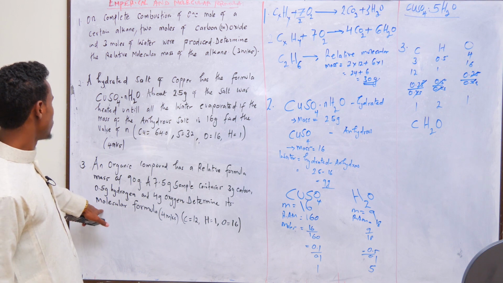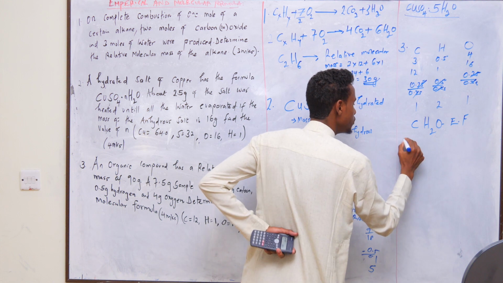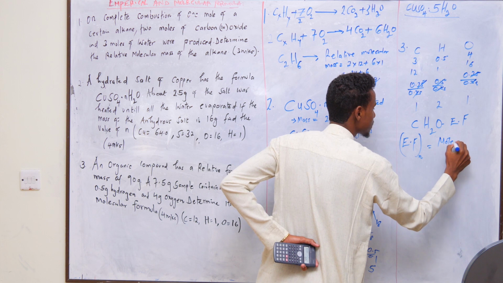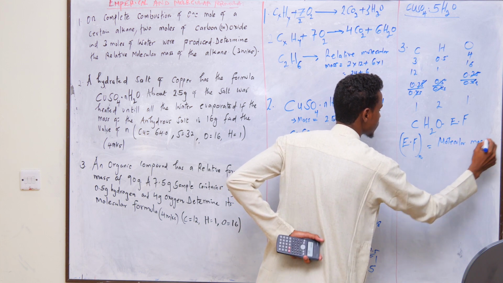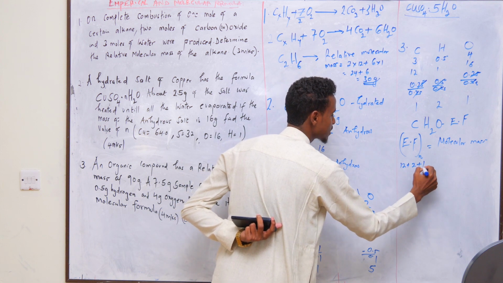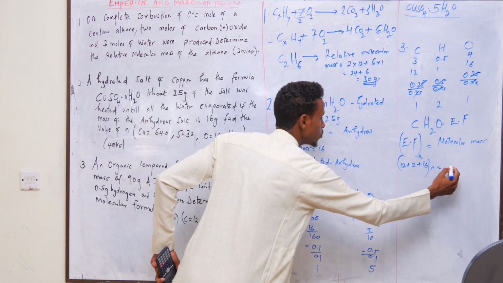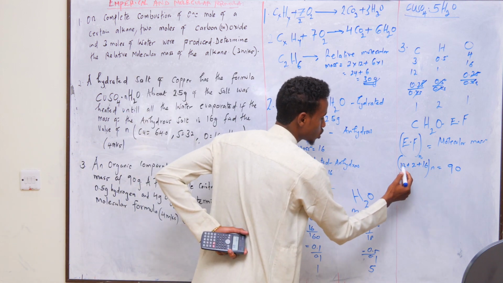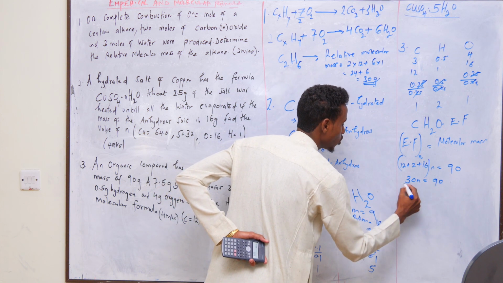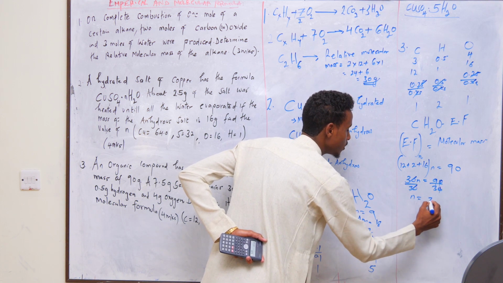We are told to find the molecular formula. What we have is called the empirical formula. The empirical formula multiplied by n gives us the molecular mass. The empirical formula mass is 12 plus 2 plus 16, which is 30. So 30n equals 90, and n equals 90 over 30, which is 3.